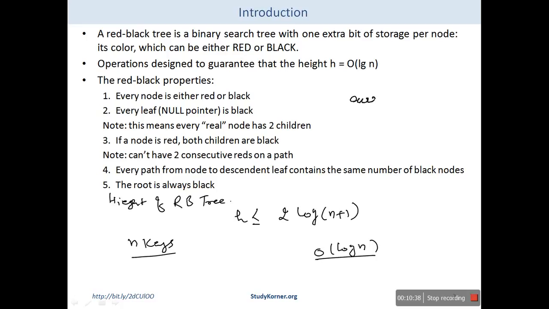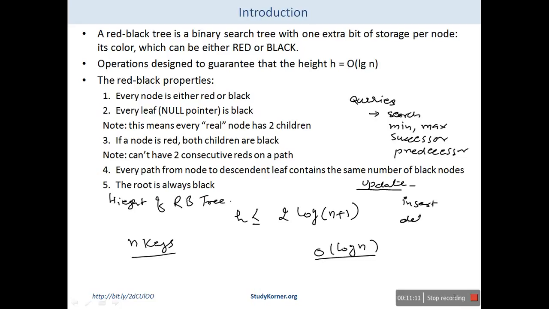If someone wants to query something, like searching for an element, or finding the minimum or maximum, or the successor or predecessor in the tree, these types of operations are querying operations. Another type is called the update operation, in which we have to modify the data structure, and this includes insert and delete operations.